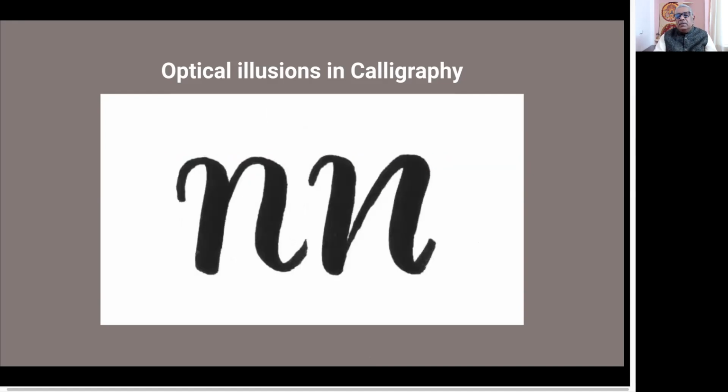And if you look at certain other design decisions taken in brush pen calligraphy, there are a lot of deliberate decisions to improve the legibility of each letter. For example, n and u can be very confusing.